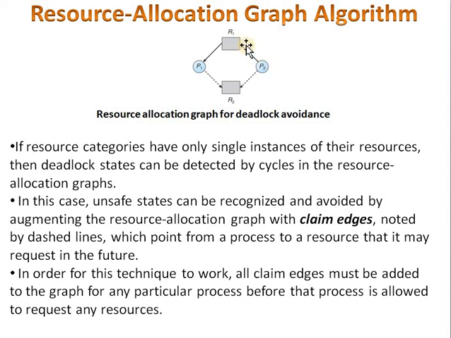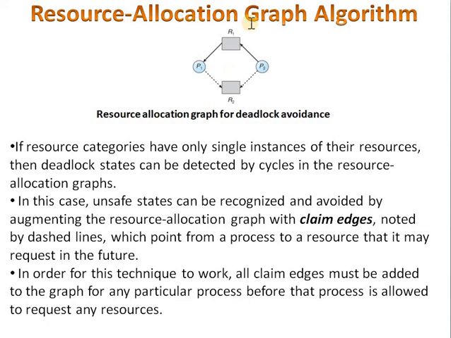The solid arrow is created between the process and the resource. And next there is an assignment edge. The assignment edge is formed from a resource to a process. That means process P1 gets the resource R1. The resource R1 is allocated to the process P1. This is defined by the assignment edge.